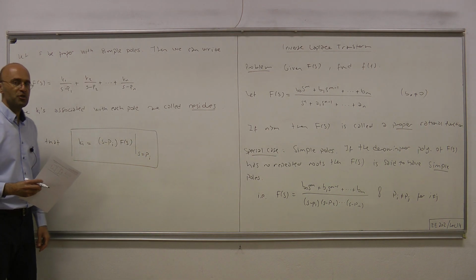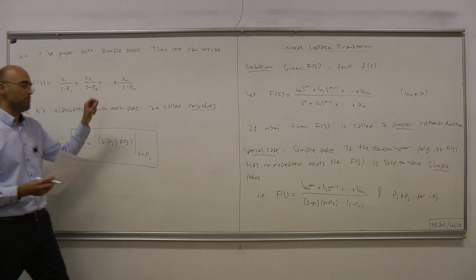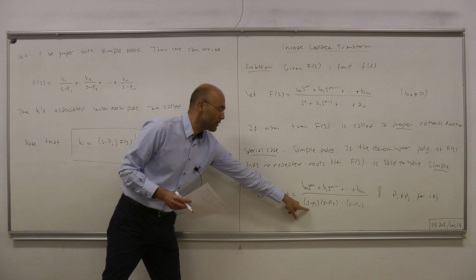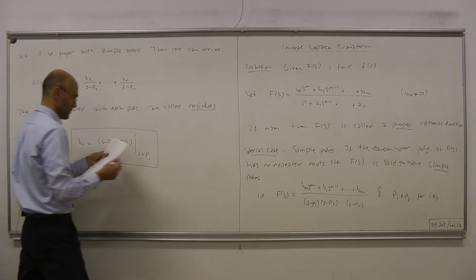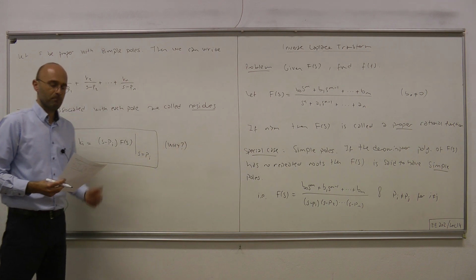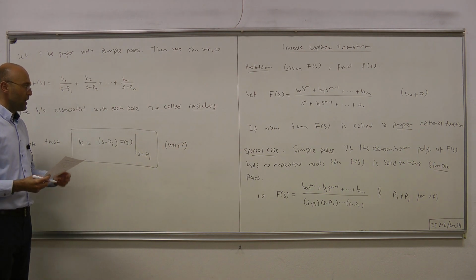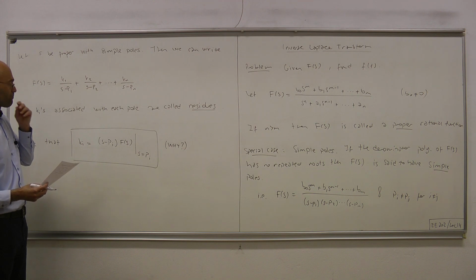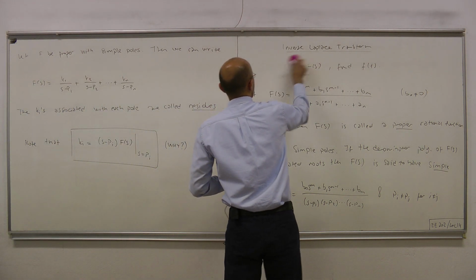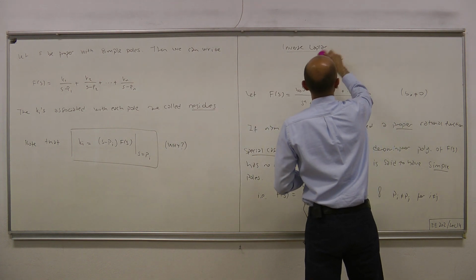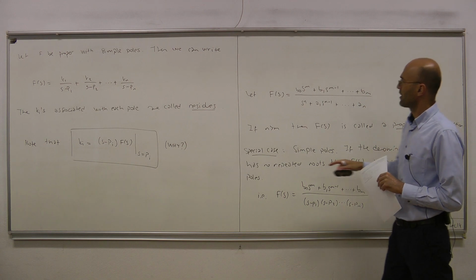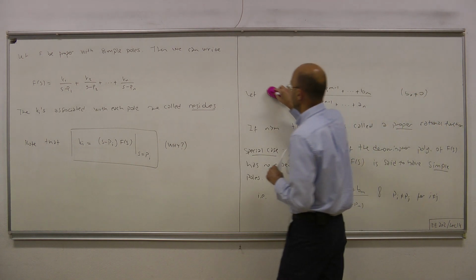This directly follows from F(s) being equal to the sum of first order terms, but still, I will put a 'why' here for you to think about. Now let's apply this to an F(s) in our next example, and by doing that we will be able to obtain f(t) for a given F(s).